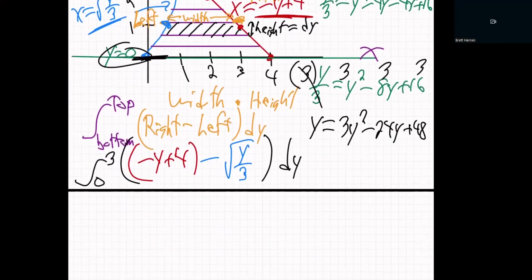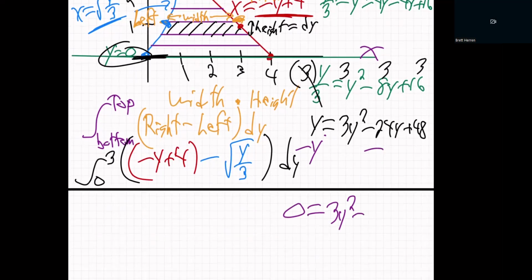And then subtract y from both sides. 0 equals 3y squared minus, I did not expect this to be quite so long. I am subtracting 1y, right? That cancels this out.